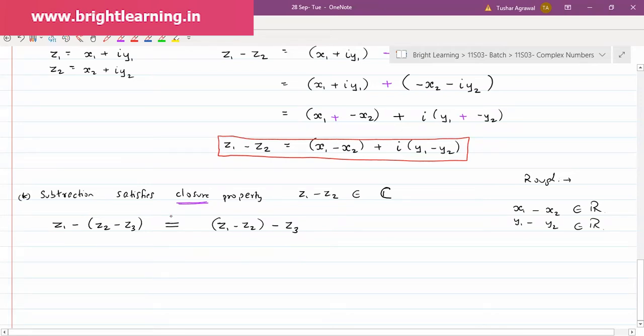Just verify it yourself. How to verify? Sir, in the set of real numbers, it's easy to verify that x1 minus (x2 minus x3) and (x1 minus x2) minus x3 are not one and the same thing. So the associative property is not satisfied.